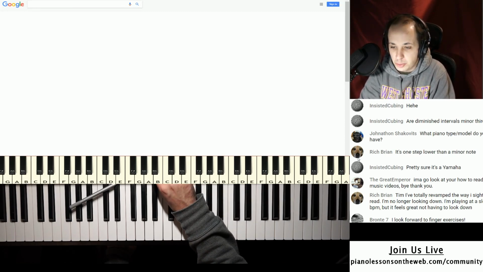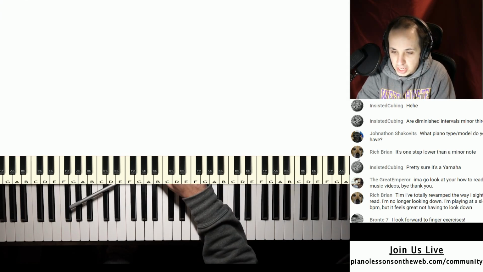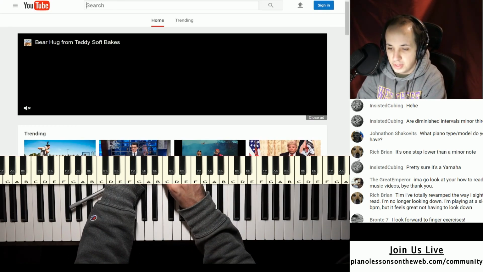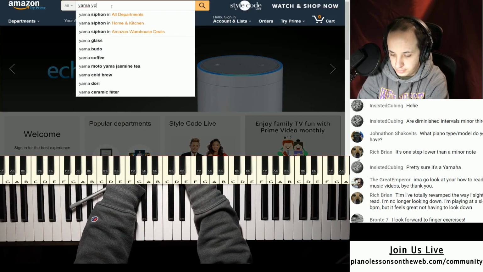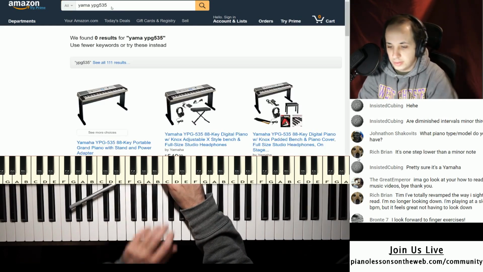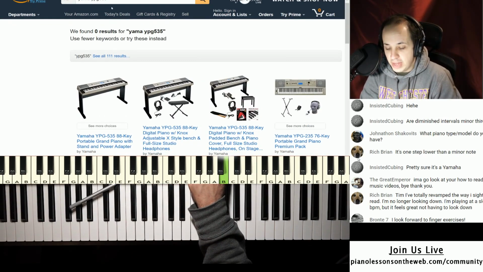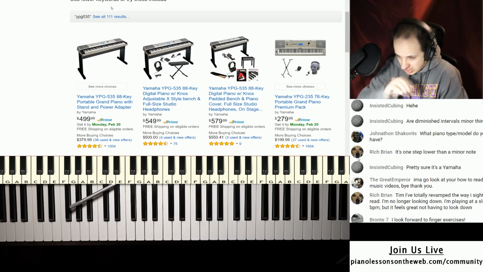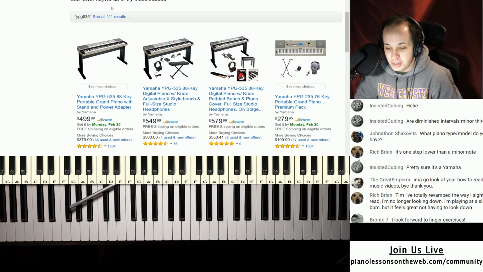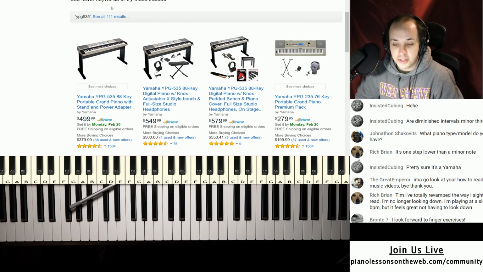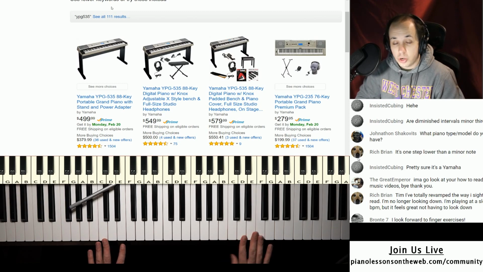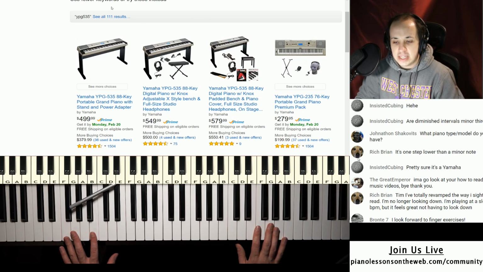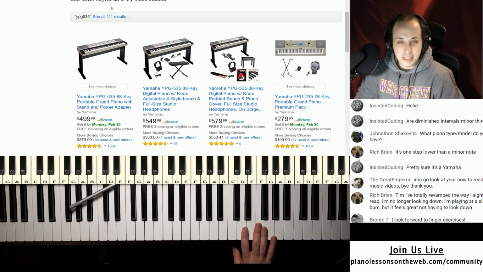I recommend, if you're on a budget though, getting a Yamaha YPG 535. Wow, I've actually told so many people about this piano that I have the model number memorized. This is a flat $500. It comes with internal speakers and has weighted keys. Not the best keyboard in the world for sure, but it is definitely a great one if you're getting your first 88 key keyboard, and you can actually develop some technique on it.